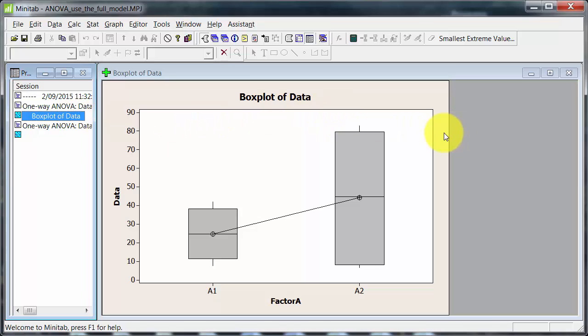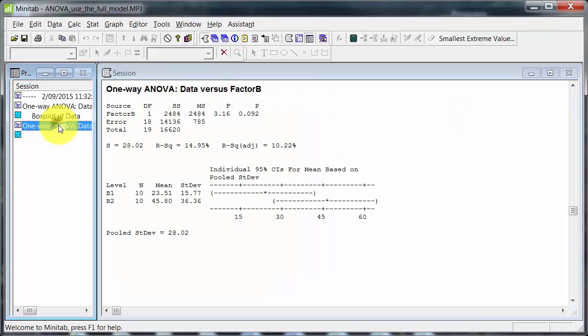These are the actual means for factor A looked at as a box plot, giving you pretty much the same idea that you would get from the analysis of variance itself. If there is any difference, A1 is going to be smaller than A2. Let's go to factor B and we get a similar outcome, although the p-value is 0.09, so it's getting down there a bit.